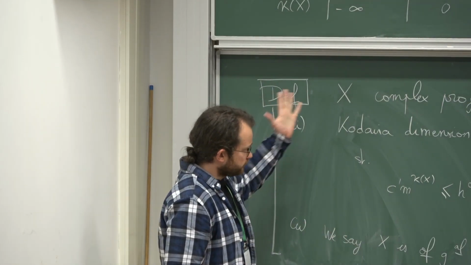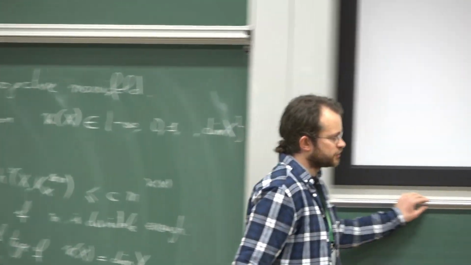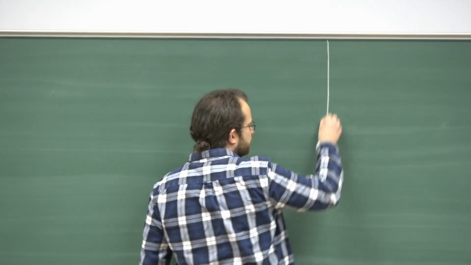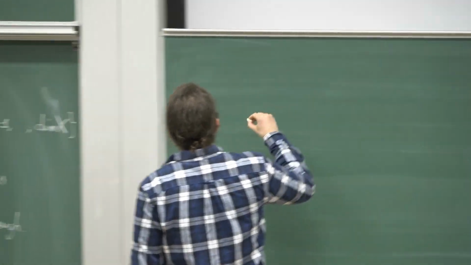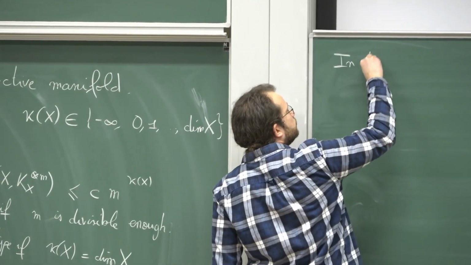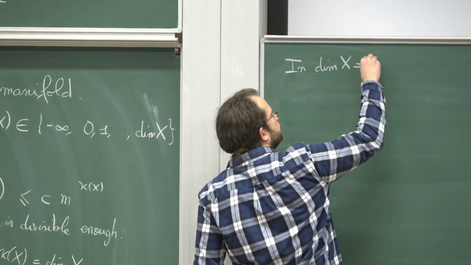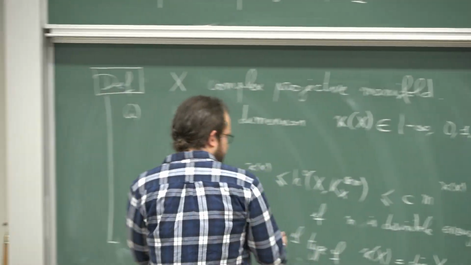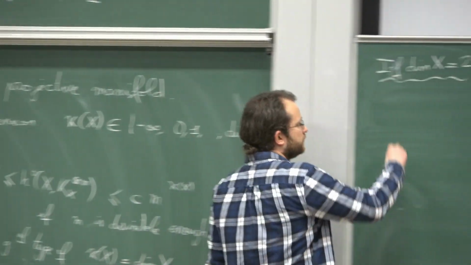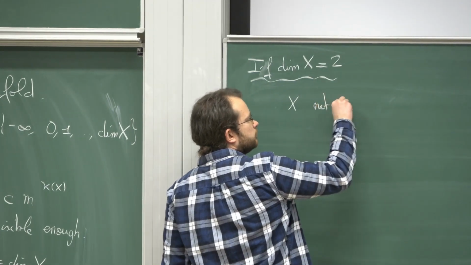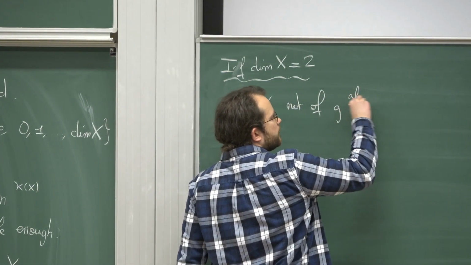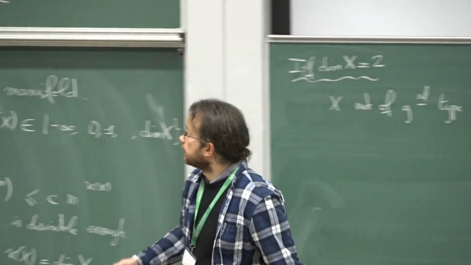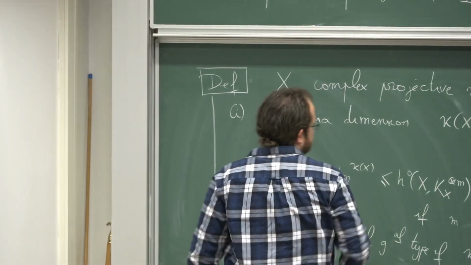So, for example, for surfaces, if you remember the Kodaira classification, we are able to classify surfaces which are not of general type. You have many different classes which correspond to the value of the Kodaira dimension.